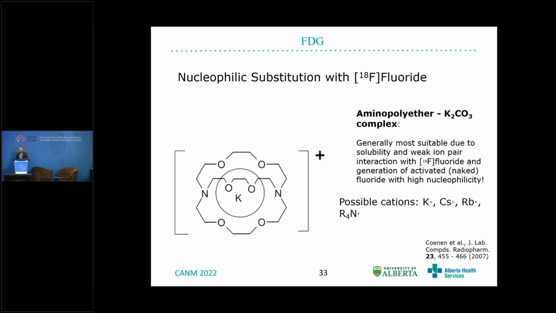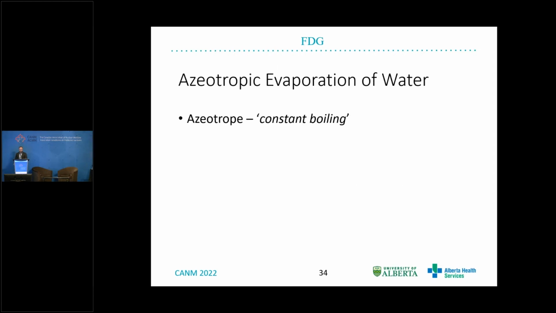There are some other cations that can be used, especially TBA, tetrabutylammonium, which is used quite a bit these days. But that is one of the things to think about when doing fluorine-18 chemistry. The second thing is to get rid of the water.